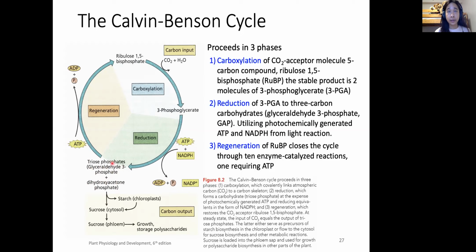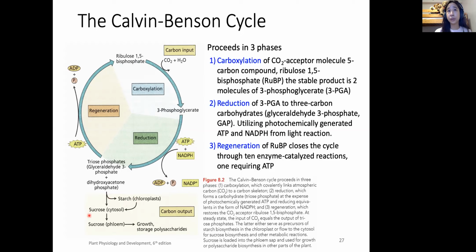Right now it has only 3 carbons, right? It can be combined with another 3 carbons to become a 6-carbon sugar. For example, to become glucose, to become sucrose, and then that glucose can be used as a substrate to make amylose and amylopectin in starch.